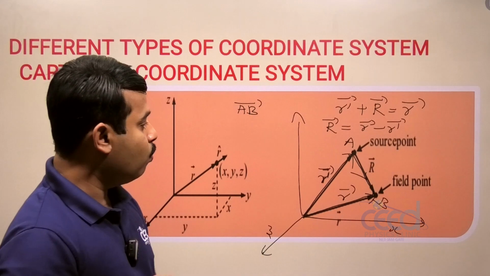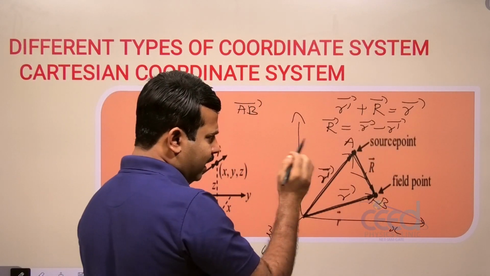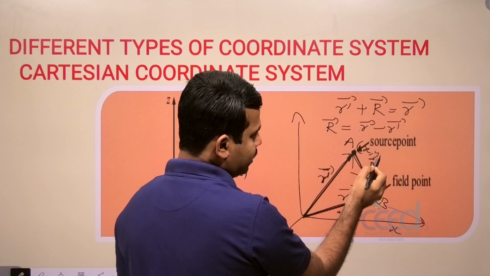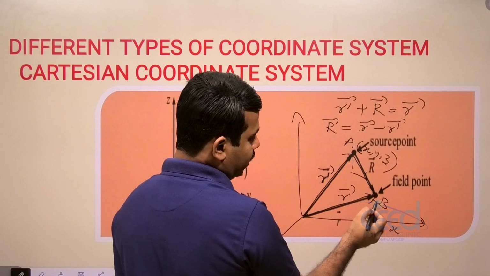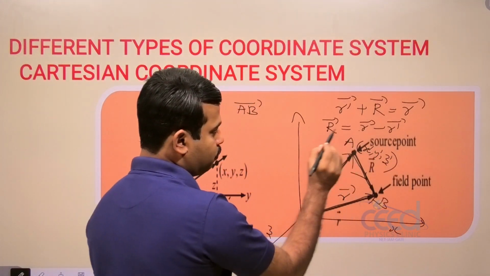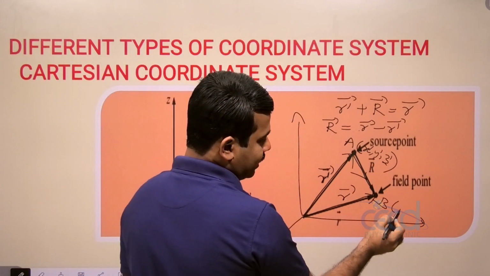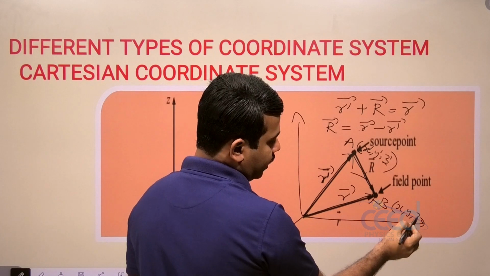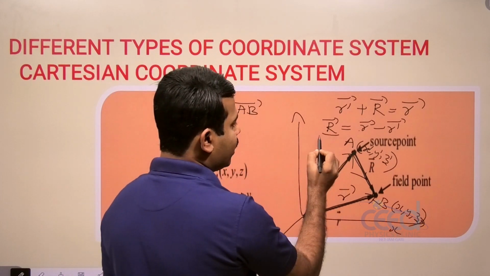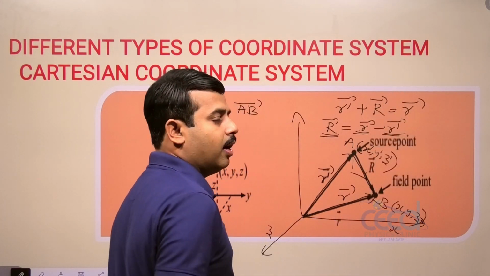Now what is r and what is r dash? Let me use this: A is a point x dash, y dash, z dash, that is r dash, and B, point r, is x, y, z. Now what is this displacement vector R? Position vector r minus position vector r dash.